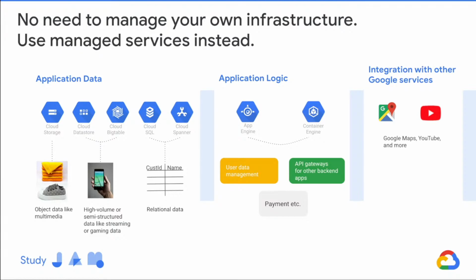There are multiple options to do the same thing, such as Kubernetes Engine for your application runtime environment. This is where your application code executes. You can also build apps which use other services like Google Maps and YouTube.